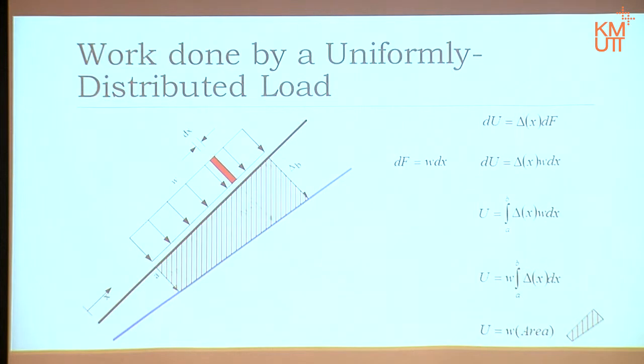If you want to use any other equation, prove it. If you use W times half this height, the average of these two, then prove it. Do not guess it. Otherwise, stay with this equation: the work done equals the magnitude of W times the area under the spread shape.